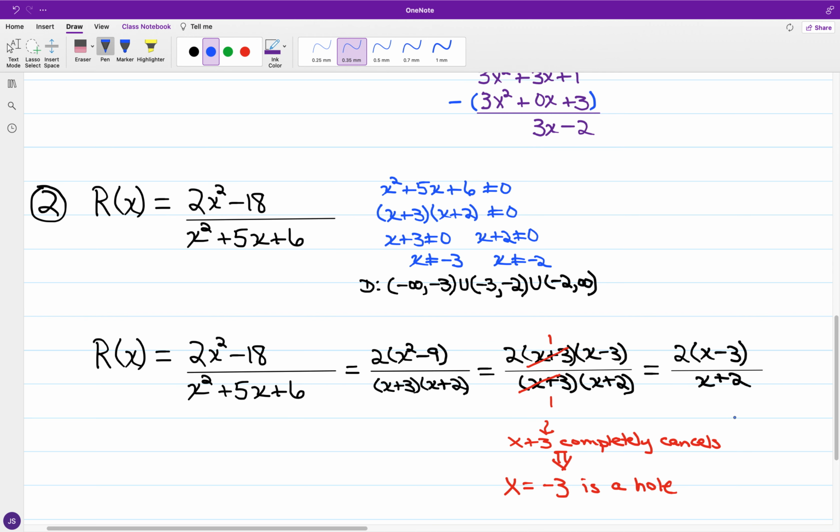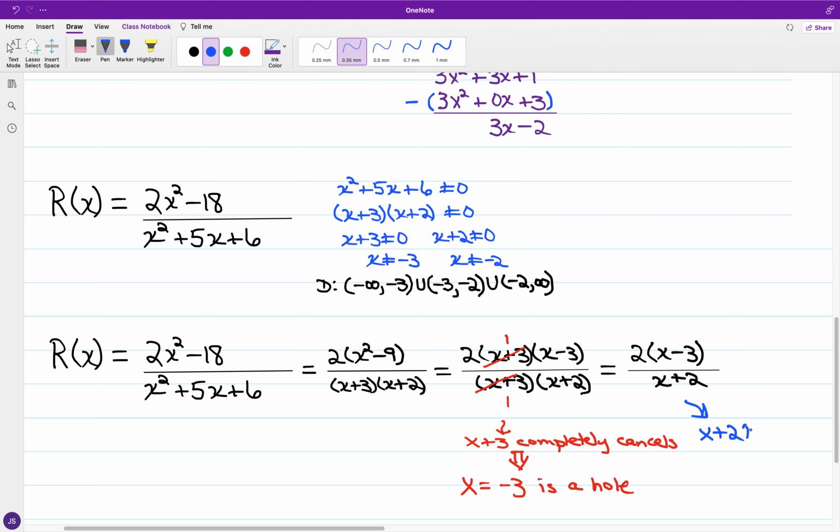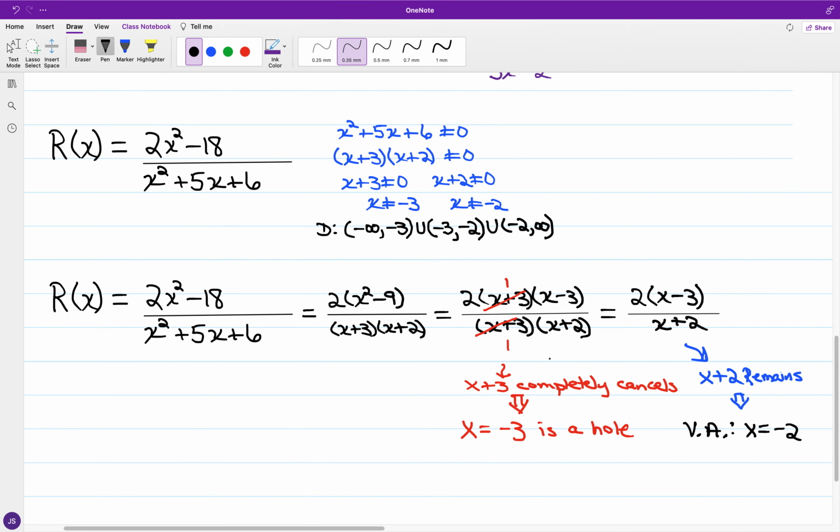And with x plus 2, x plus 2 remains. Since x plus 2 is still around, that means we're going to have one vertical asymptote, and that's with the 0 where x is equal to negative 2. So you at least have one vertical asymptote, x equal to negative 2.